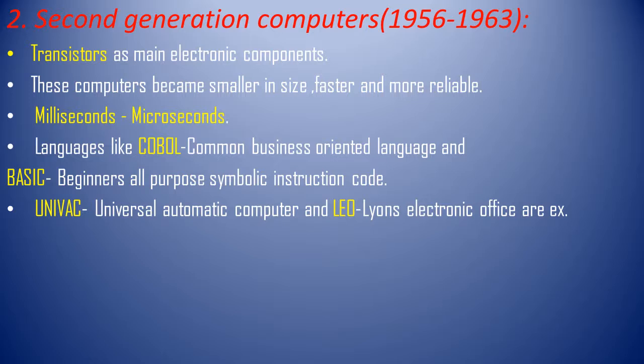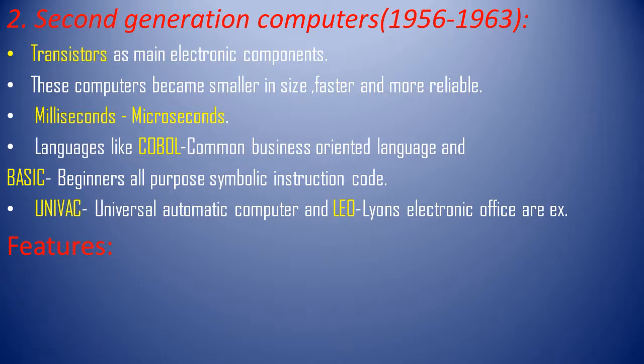COBOL means Common Business Oriented Language and BASIC means Beginners All-Purpose Symbolic Instruction Code. Some of the examples are UNIVAC and Leo. UNIVAC means Universal Automatic Computer and Leo means Lyons Electronic Office.